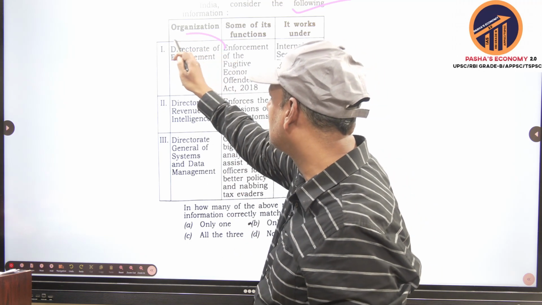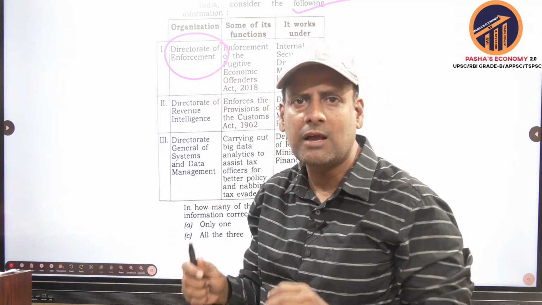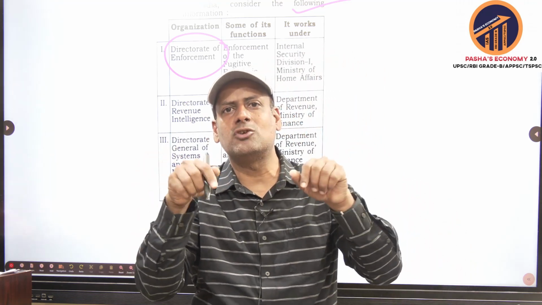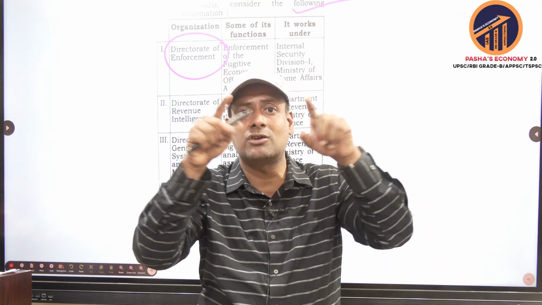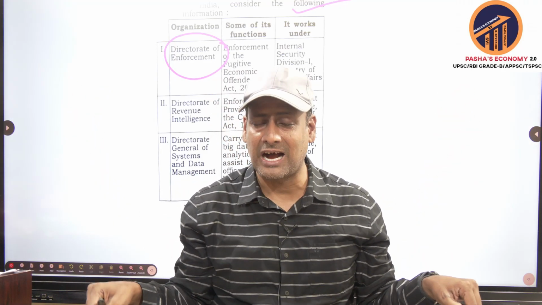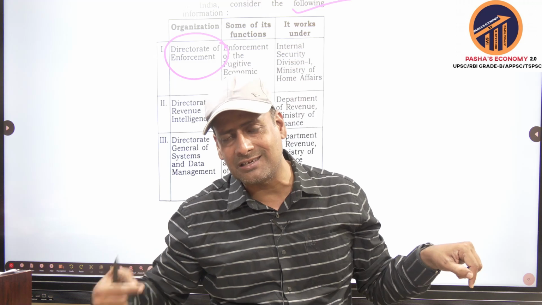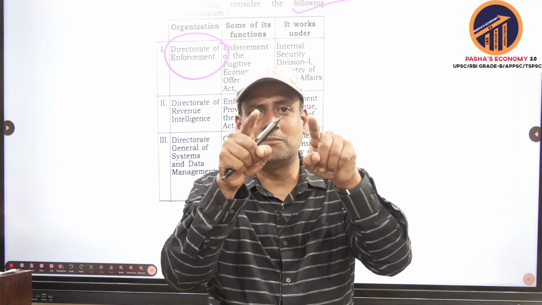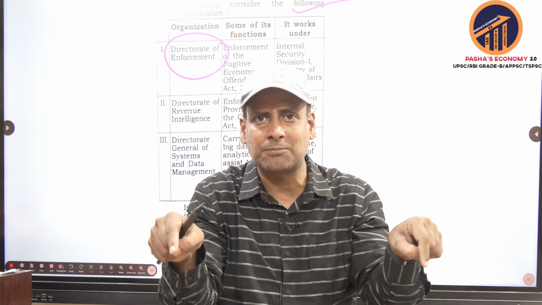See, the organization Directorate of Enforcement: when I was dealing with fiscal policy, before entering into fiscal policy, I drew the 6 departments of the Ministry of Finance and what institutions work under each department. This is the basic format I explain in the class.